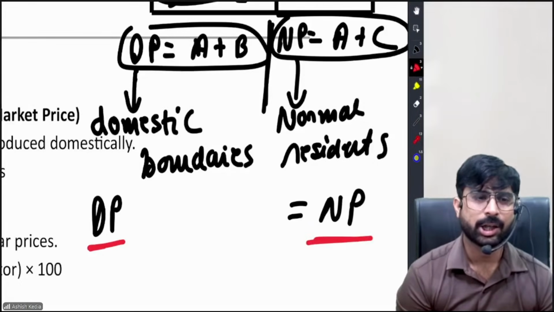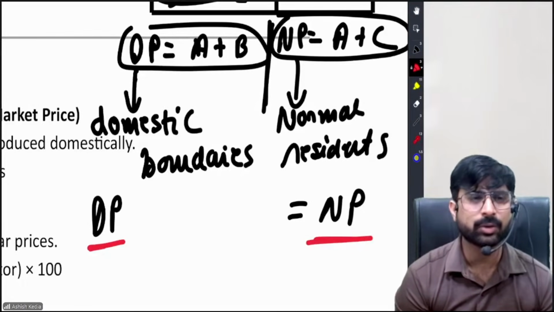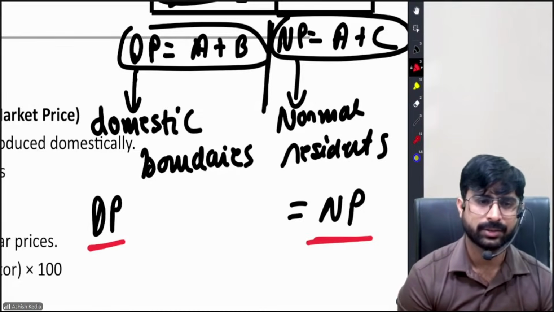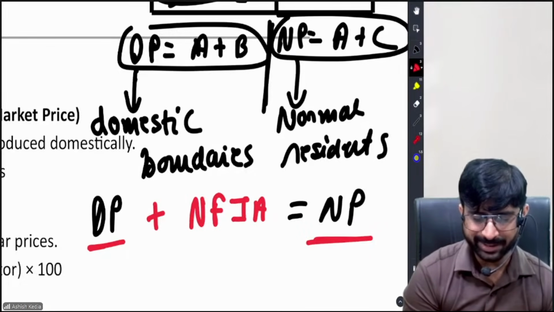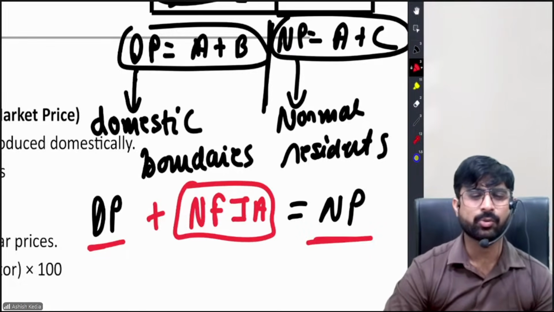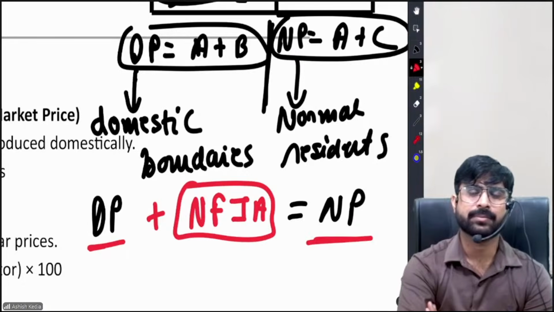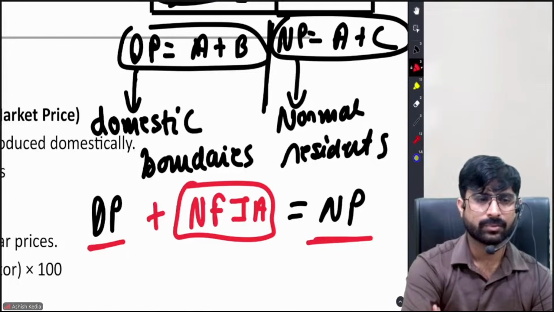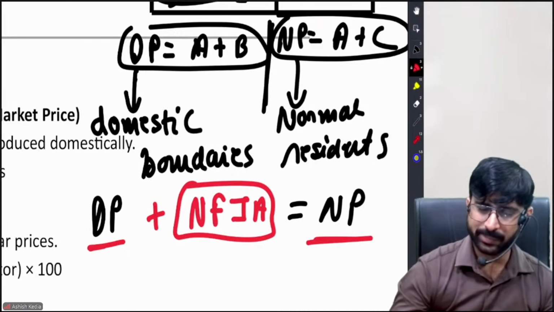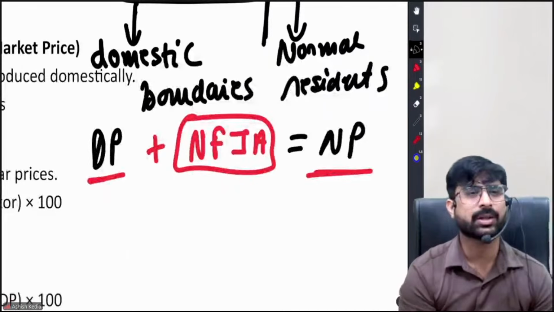So, class, in order to reach from domestic product to national product, what you do is you add up NFIA. So domestic product plus NFIA equals national product.